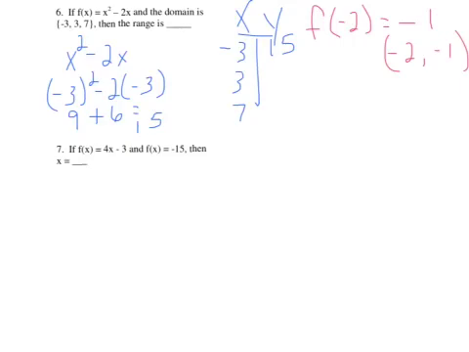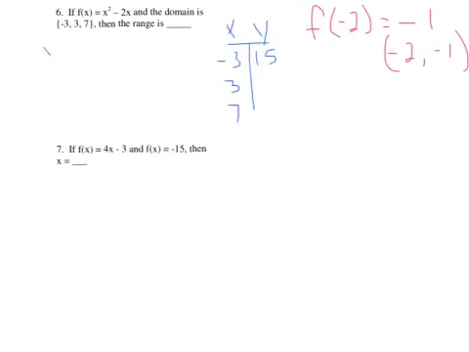Then I'm going to substitute 3 in for x. x squared minus 2x. We're going to substitute 3 in for x, so 3 squared minus 2 times 3. Follow the order of operations. 3 squared is 9. And then negative 2 times a positive 3 gives us negative 6. 9 minus 6 is 3. So my y value will be 3.